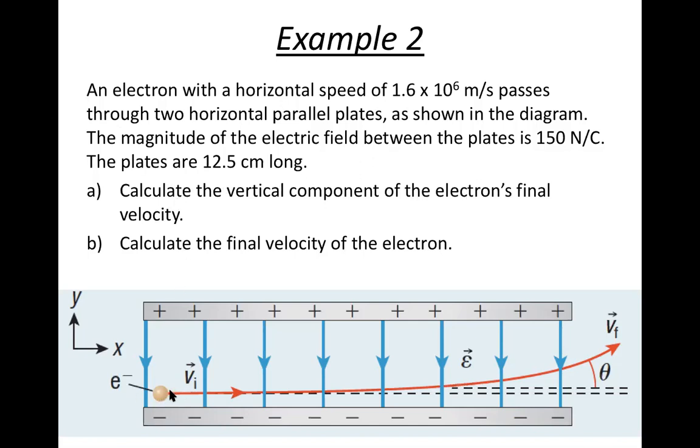So the electron has a horizontal velocity. The horizontal component of the velocity at all points will not be affected by passing through the plates, but the vertical component will. Because this is an electron, it's going to want to make its way over this way. So it's going to want to make its way closer and closer to the positive side, but it also has been given this boost in the horizontal.